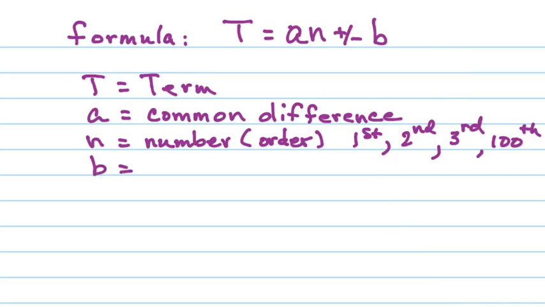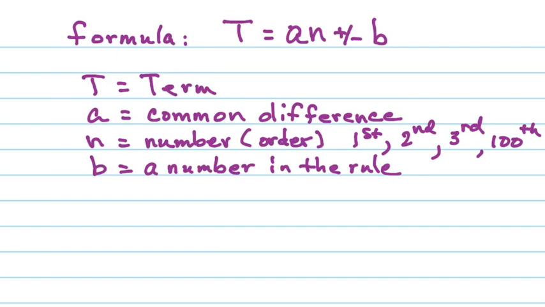And B is simply a number in the rule. And we'll talk about how to find B. So there you go. You have your term, your common difference, your number that defines the order or place value, and then finally B is just a number in the rule.